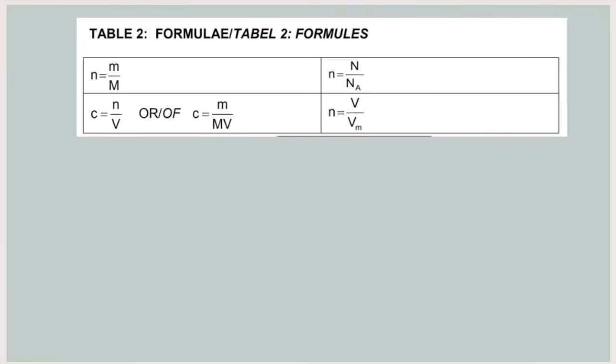We will be going through these one by one, but just briefly: this formula allows us to calculate number of moles, which is n, from mass and molar mass. This is the formula we use for concentration of solutions. This is the formula we use to work out number of particles, or number of atoms or number of molecules. And this is the formula we use to work out the volume of a gas, either at STP or at other temperatures and pressures. The question will mention it to you.